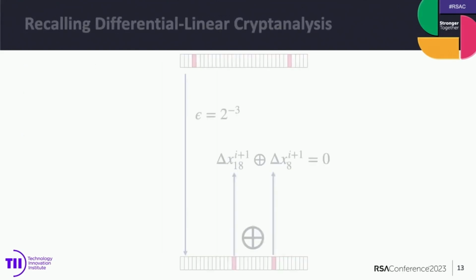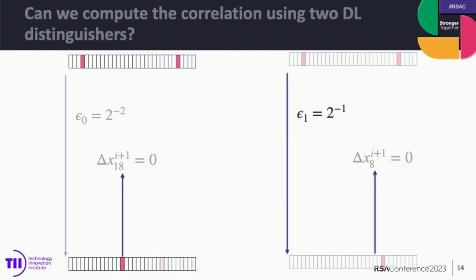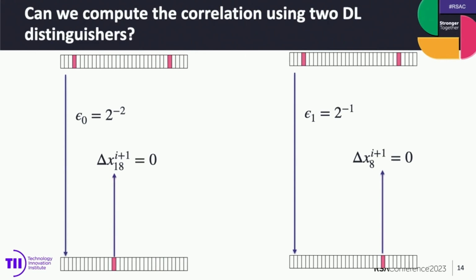Okay, recalling the differential-linear cryptanalysis, we need to compute the correlation, that in this case is 2 to the minus 3, by XORing the active bits in the output mask and checking if it is equal to 0 or not. Can we estimate this correlation using two differential-linear distinguishers? So the answer is yes. We can do so by splitting the differential-linear distinguisher into two.